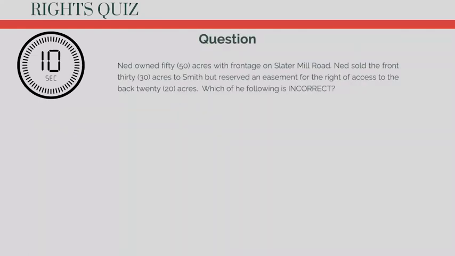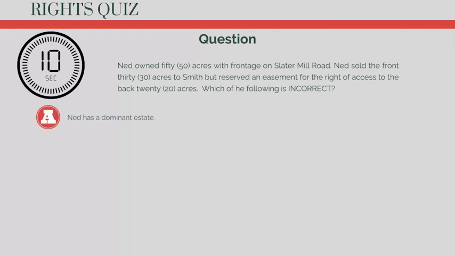Ned owned 50 acres with frontage on Slater Mill Road. Ned sold the front 30 acres to Smith, but reserved an easement for the right of access to the back 20 acres. Which of the following is incorrect?